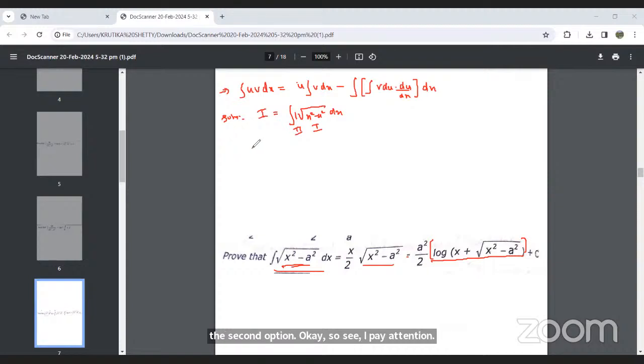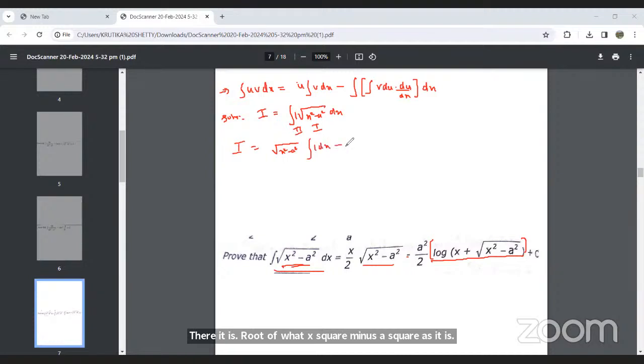By making use of integration by parts, I will be equal to the first function as it is, that is root of x square minus a square, into integration of 1 dx.